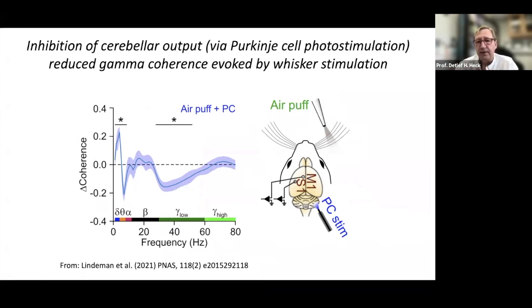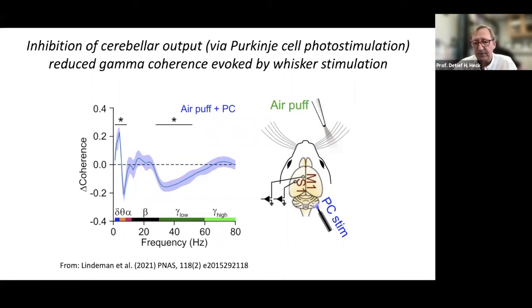And when Purkinje cells are stimulated, thus with channelrhodopsin inhibiting cerebellar output, it results again in a significant drop in gamma coherence. So the picture now becomes that the cerebellum is acting as a coordinator of neuronal rhythms in this case. But can that be expanded?